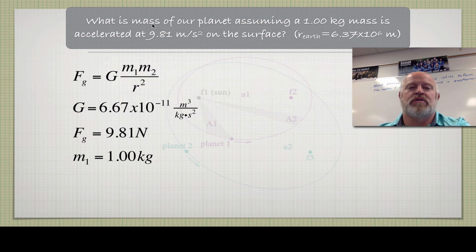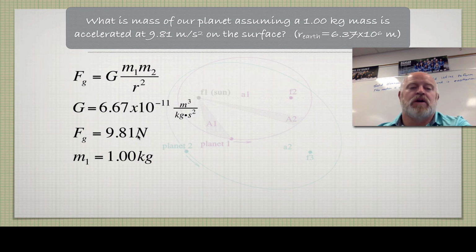Now if we look, the problem only gave us the acceleration due to gravity, or little g, right? But we also know that force is mass times gravity. So if you take 1 kilogram times 9.81, that'd be the mass of 1 kilogram, the acceleration of gravity is g. Multiply those together, that would give us the force. So that's where we came up with this force here of 9.81.